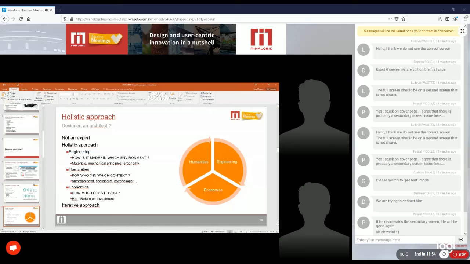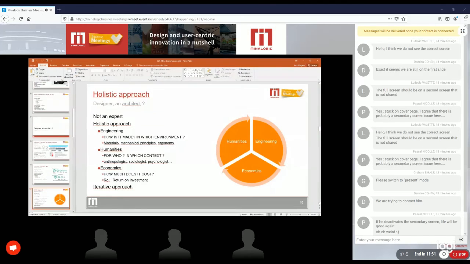But it's not enough. You have to integrate what we call humanities. That means you have to understand who your product or service is dedicated to, and in which context. And the designer has to deal with anthropologists, sociologists, or psychologists to understand how the user or the final consumer will adopt your product or services.